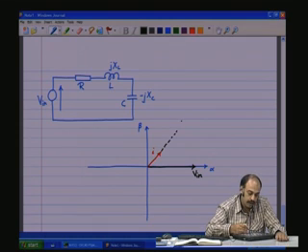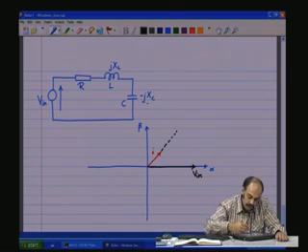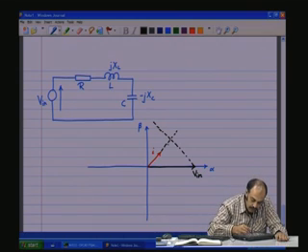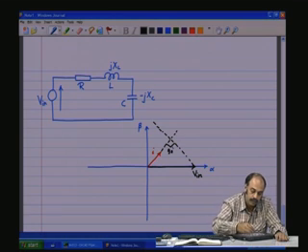The voltage across the inductor is going to be orthogonal to this, and so also the voltage across the capacitance. So, they have to be orthogonal to this line. So, this is 90 degrees.